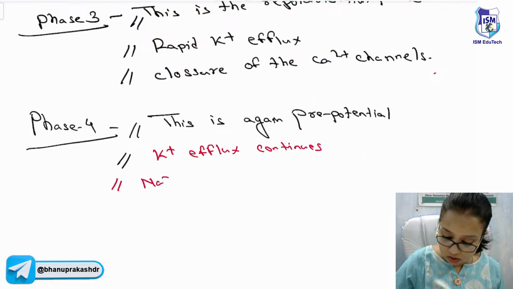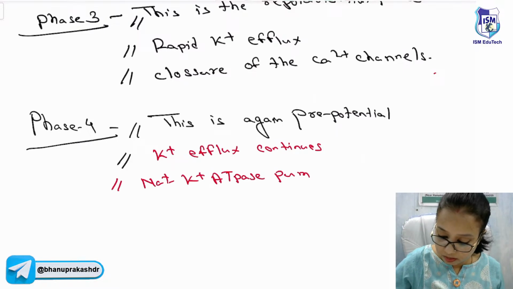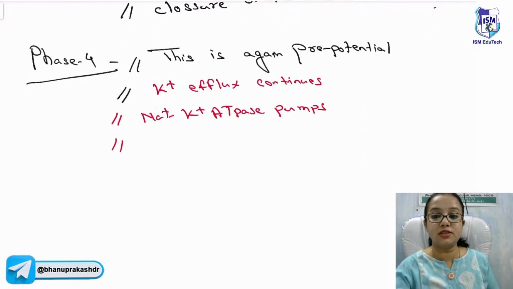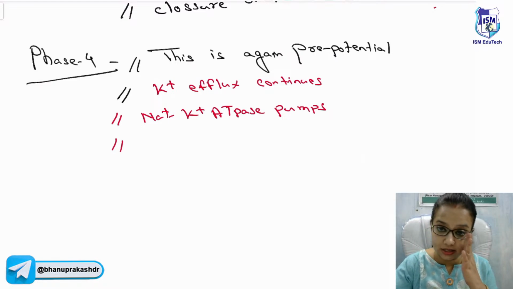Here, the sodium potassium ATPase pumps additionally to remove, because in phase 0 there has been so much influx of calcium via the L channel.